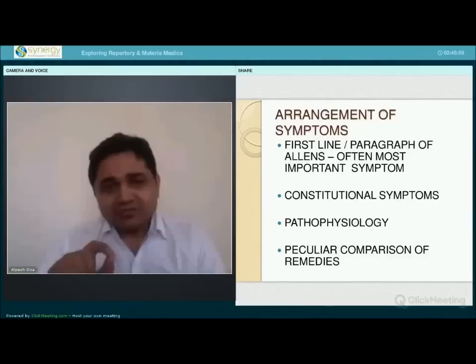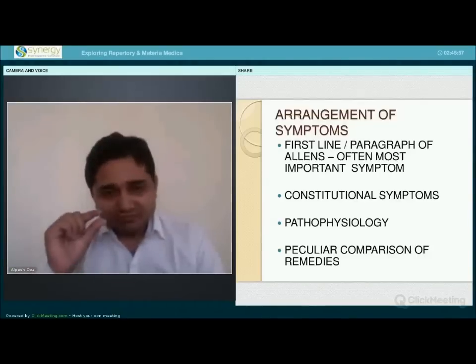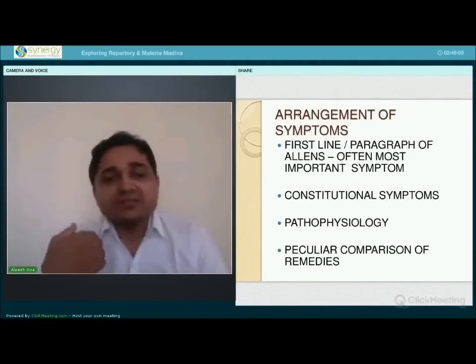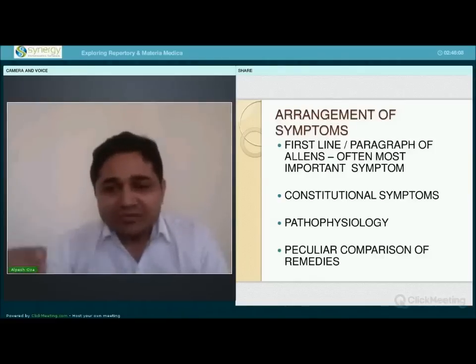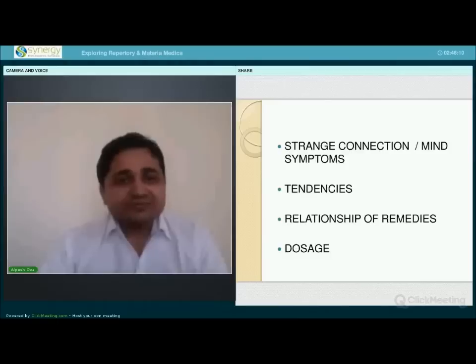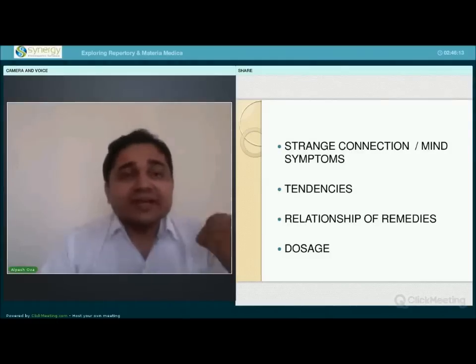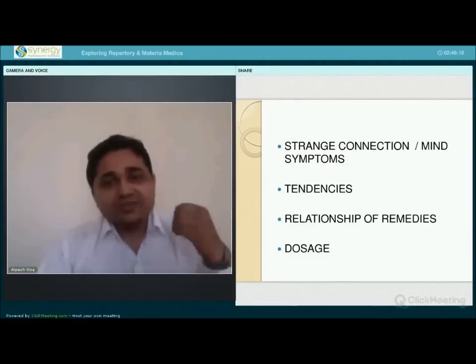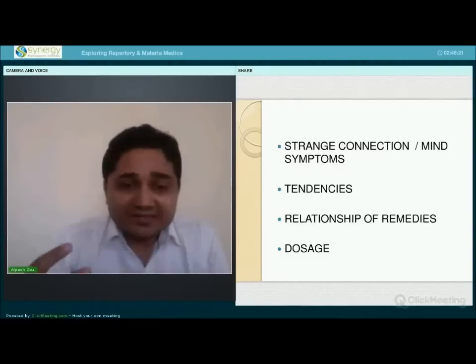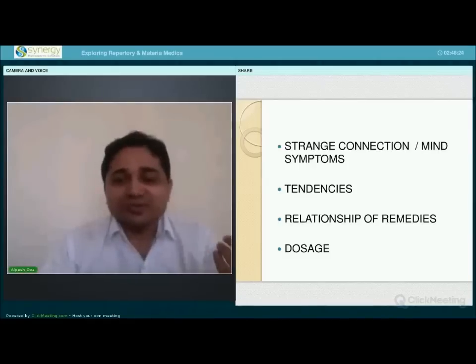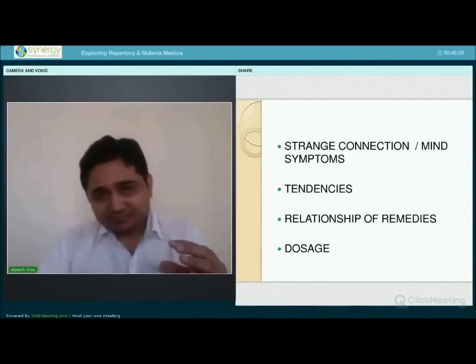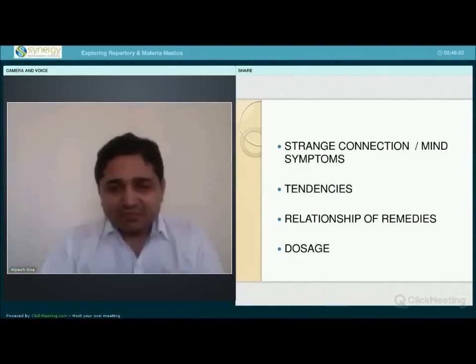So the first paragraph or the first line is the essential part of that remedy, and then after that you will see constitutional symptoms, then some pathophysiological symptoms, then some very peculiar comparison of remedies, then relationship of remedies, some pathological tendencies that the remedy is known to form, or some very strange symptoms, some very strange mind symptoms, and the doses, how to give the dose. So it's really wonderful if we study keynotes in a very specified and proper way.